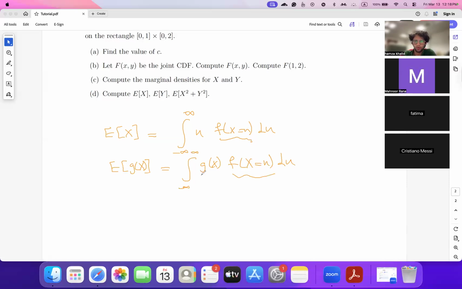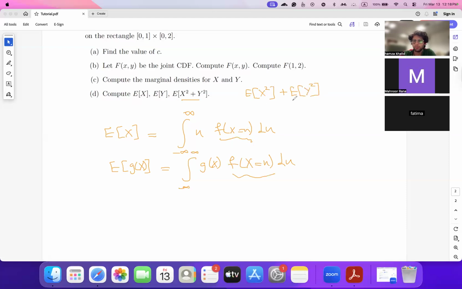Okay, so now if I extend this definition, first of all, expectation is a linear operator, so I can also do this thing over here.